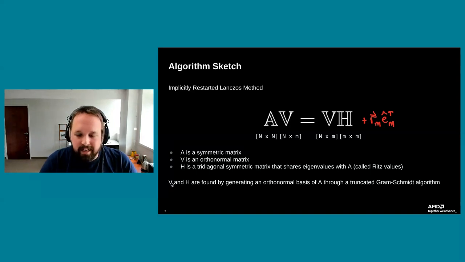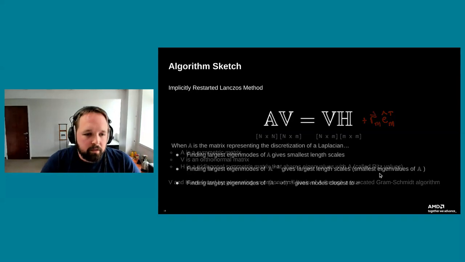We take in that initial seed vector, apply the matrix to that vector, and then remove all the components that are parallel to all the previous vectors we've generated. So we're creating an orthonormal matrix V here, and then storing the projection coefficients in H. So that's basically how that works.